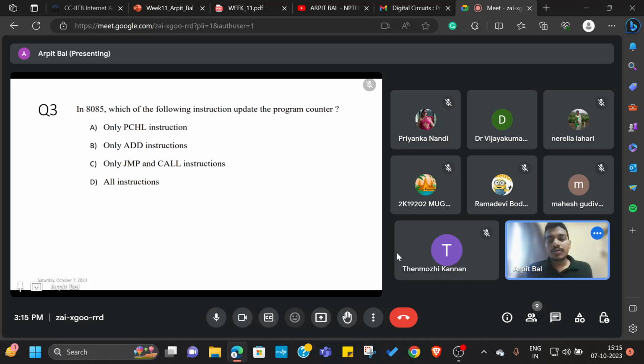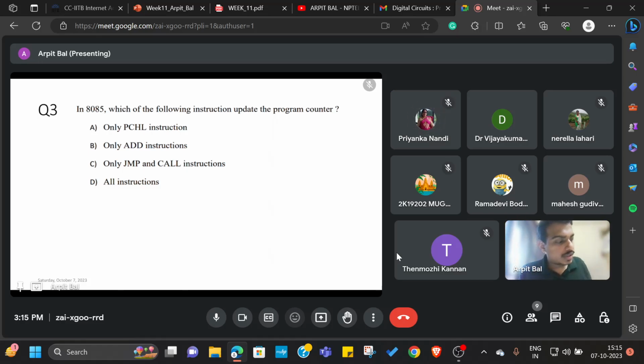In 8085, which of the following instructions update the program counter? Basically the program counter is a register that holds the address of the next instruction that needs to be executed. What this question is asking is which of these instructions is going to update the program counter. All the instructions.